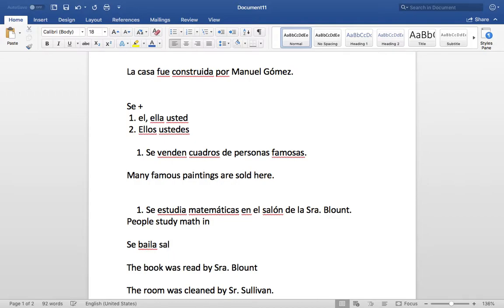Salsa is a type of music. Se baila salsa en Academia de Lakes. Salsa is only one type of music, it's just one, singular, okay? And again, it's general information for everybody.